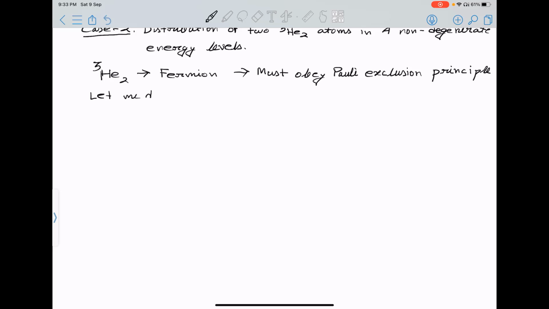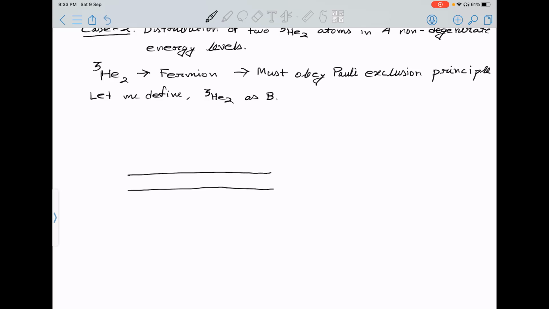Let me define helium-3 as B. As they obey the Pauli exclusion principle, two of the atoms cannot lie in the same energy level. So here both of them should lie in different energy levels.